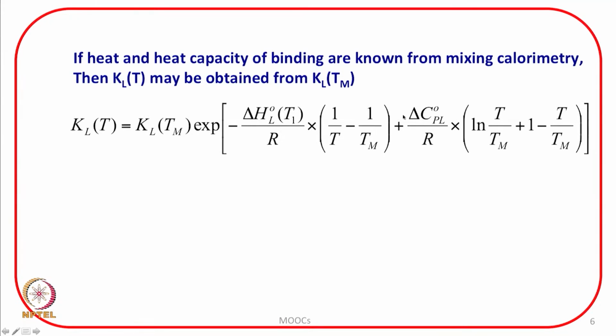But suppose mixing calorimetry is not available, we do not have an ITC and we have only a DSC, then how do we get it? Let us take a look at the equation.